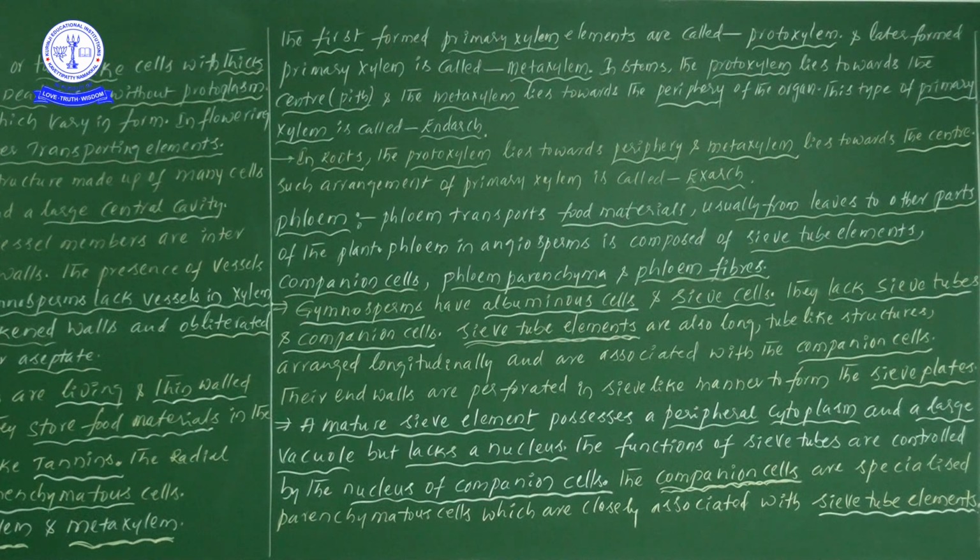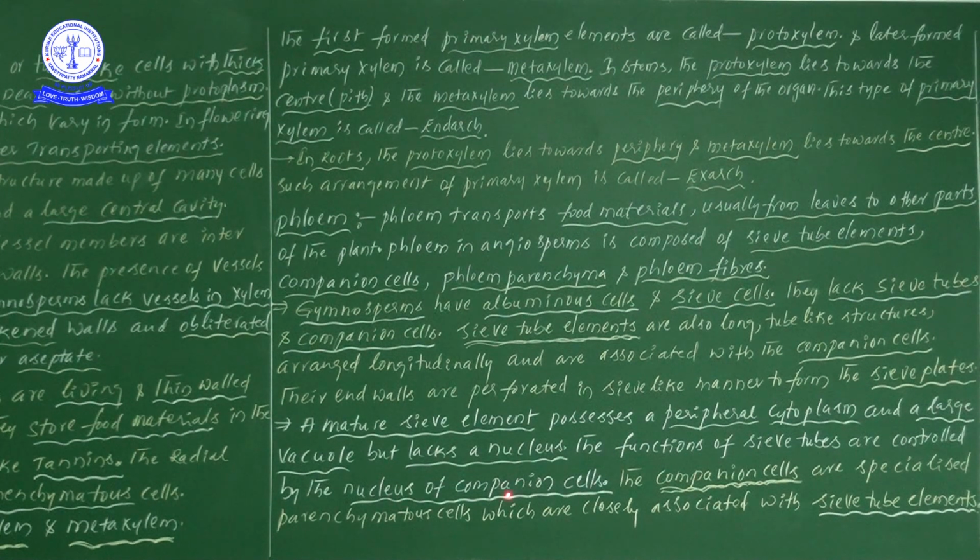Next, the functions of sieve tube elements are controlled by the nucleus of companion cells. In sieve tube elements the nucleus is absent. So if the nucleus is absent, who will regulate the functions of sieve tube elements? All functions of the sieve tube elements are under the control of the nucleus of companion cells.